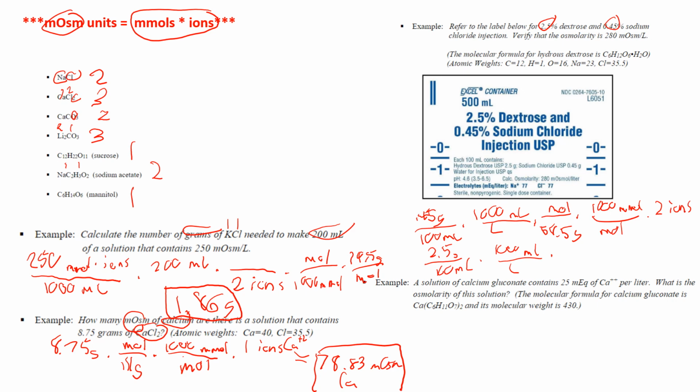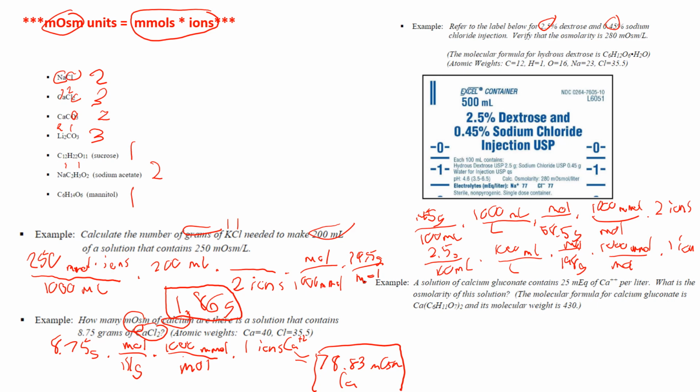So we get that there are 198 grams per mole of dextrose, and then we multiply by our 1000 millimoles per mole, and then we just multiply by 1 ion, which you don't technically need to do this step. I just like making sure my units line up at the end, so that's why I always write it out.